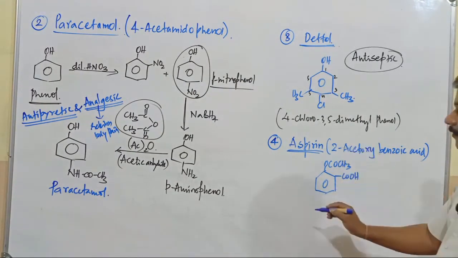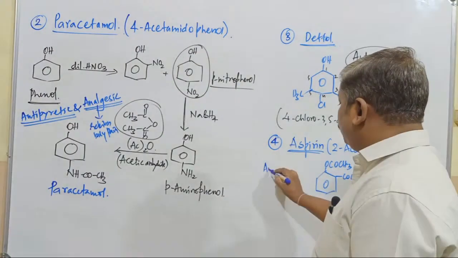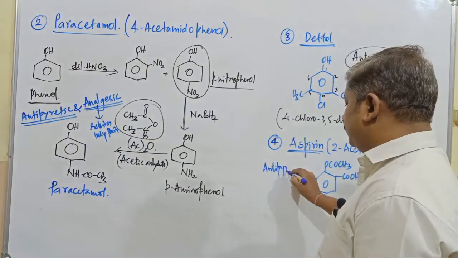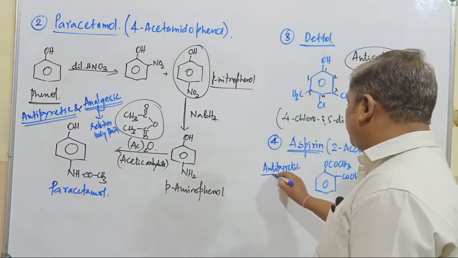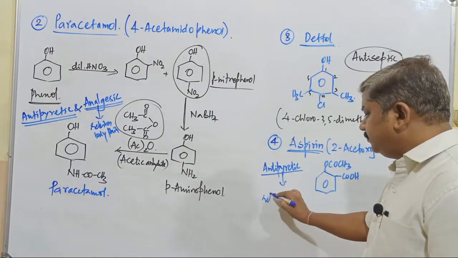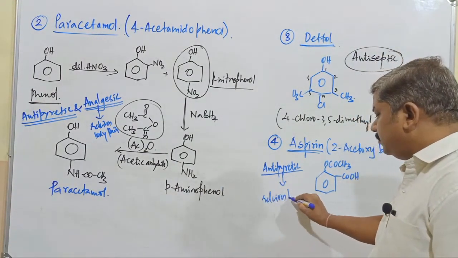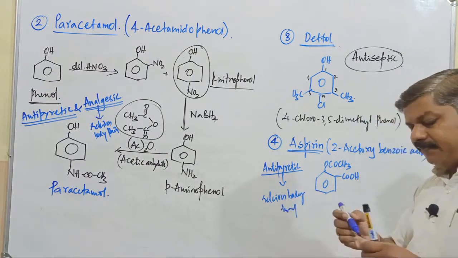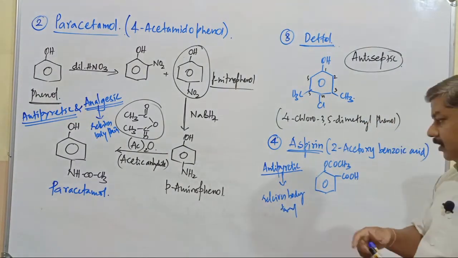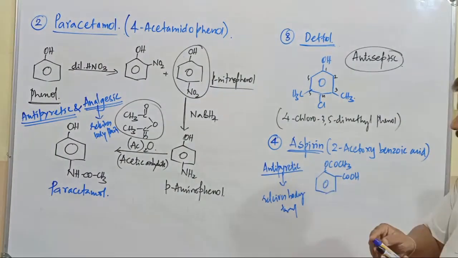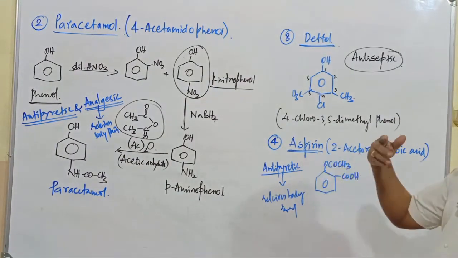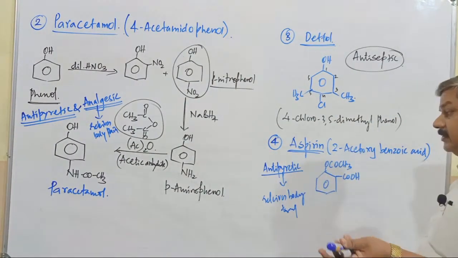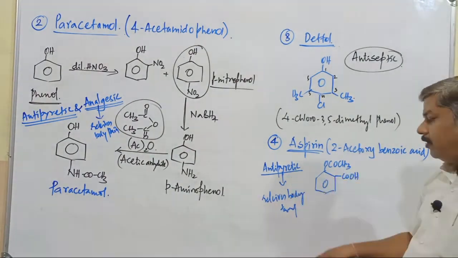What is the main function of this aspirin? It is used as an antipyretic. What is antipyretic, students? This one relieves body temperature. The person is having a very high fever. During that period, if you take an antipyretic, that is aspirin, or so many different brand names, Disprin is there, those relieve body temperature.